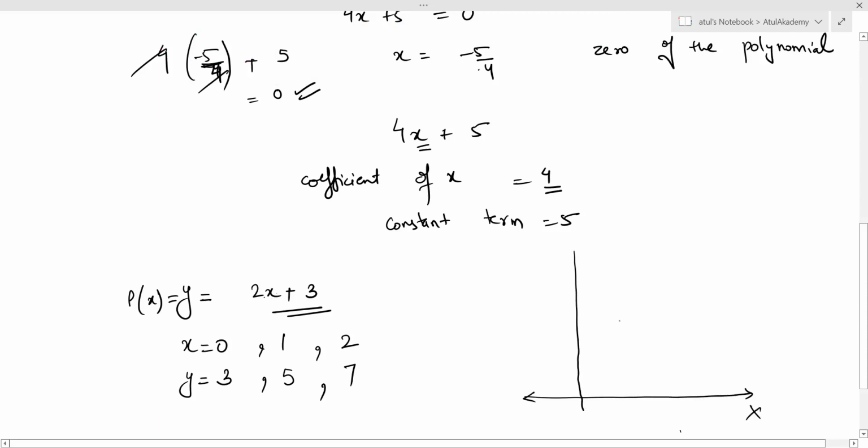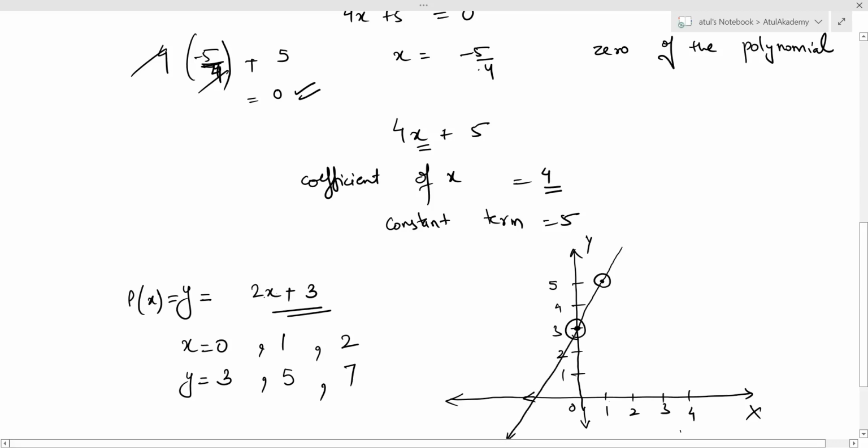This is my x-axis, that's my y-axis, and I have 0, 1, 2, 3, 4 here, and 1, 2, 3, 4, 5 here. It's going beyond that. So x is 0, y is 3. That means this point lies on the y-axis. Then x is 1, y is 5, so this is over here.